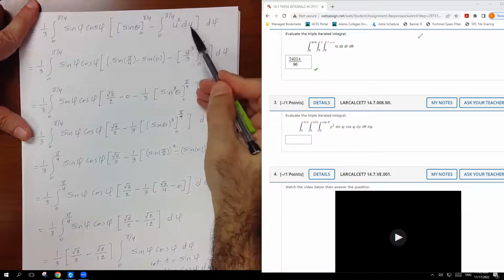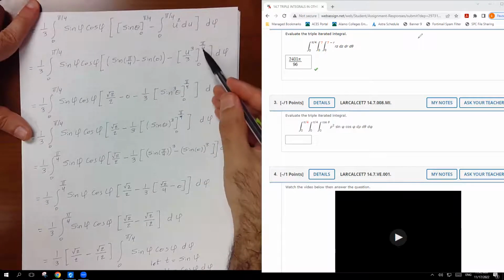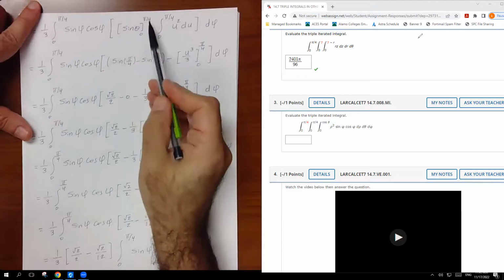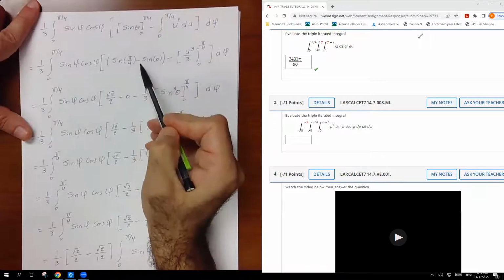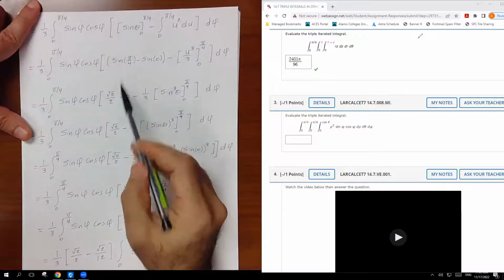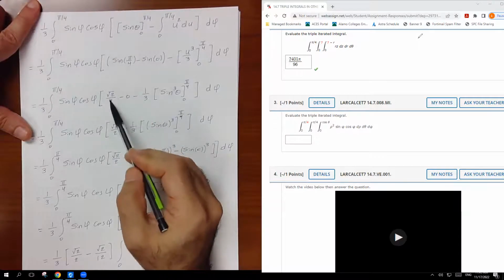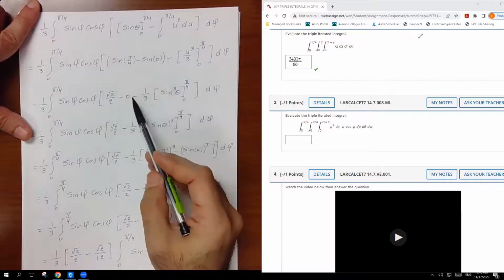The integral for this part is u cubed over 3 from 0 to pi over 4. And from this part, we're just going to plug in sine pi over 4 minus sine 0. Simplify this part. This one is going to be square root of 2 over 2 after rationalizing, minus this one is 0.